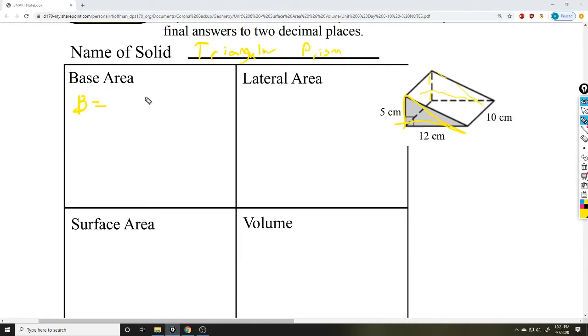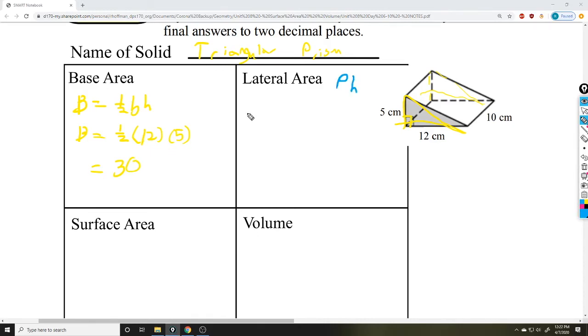Area of the base would just be the area of the triangle, which is 1/2 base times height. Base is perpendicular to the height. Well, here they are, 5 and 12. So 1/2 the base, which is 12, times our height, which is 5. And that comes out to be exactly 30.